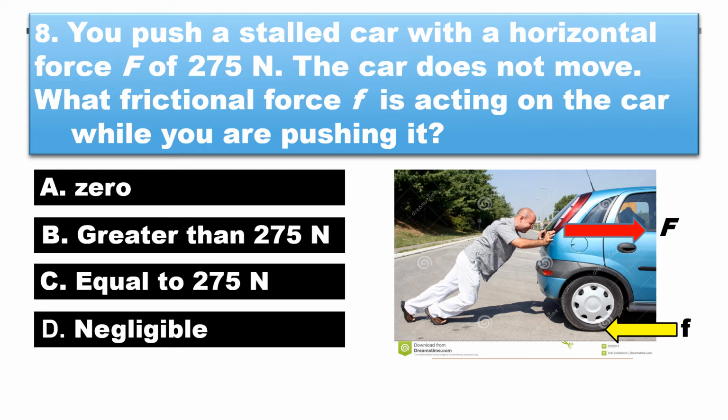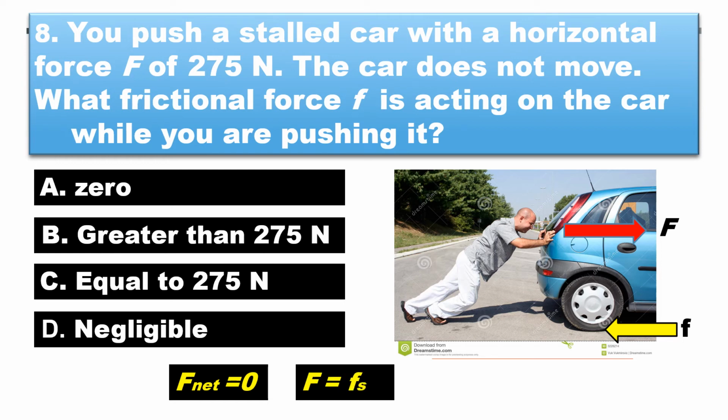So if F net equals 0, the forward force, capital F, exerted by the man, which is 275 newtons, is just balanced by the force of friction exerted to the left. In short, our answer to this question is, alright, the emphasis is that the F net must be 0.